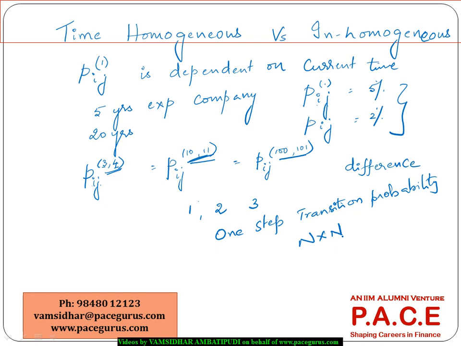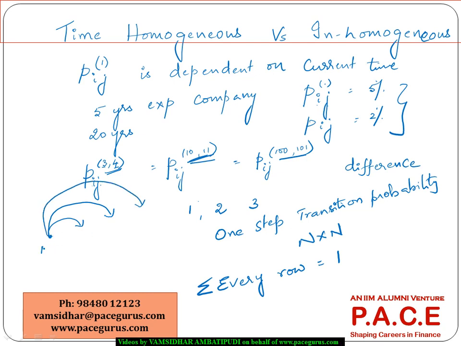And let me tell you, as a part of this one step transition probability matrix, the summation of every row value should be equal to 1, because all we are talking of is, from this particular state, I am trying to find out all the probable states that it can go into.